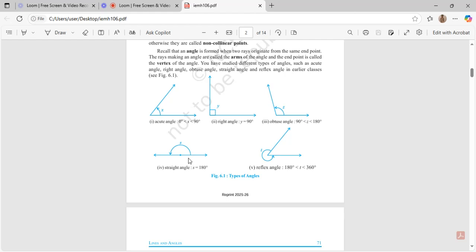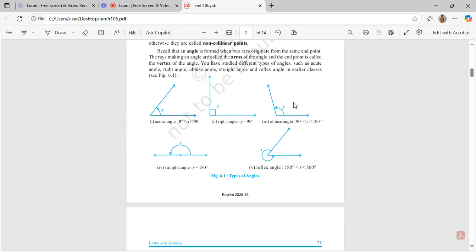So for a reflex angle, we always subtract the angle measure from 360. The reflex angle always measures from 180 to 360. The minimum value is 180 and the maximum value is 360.